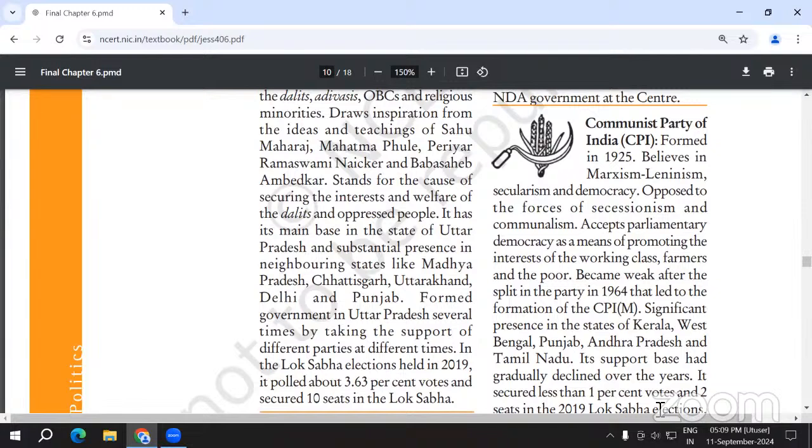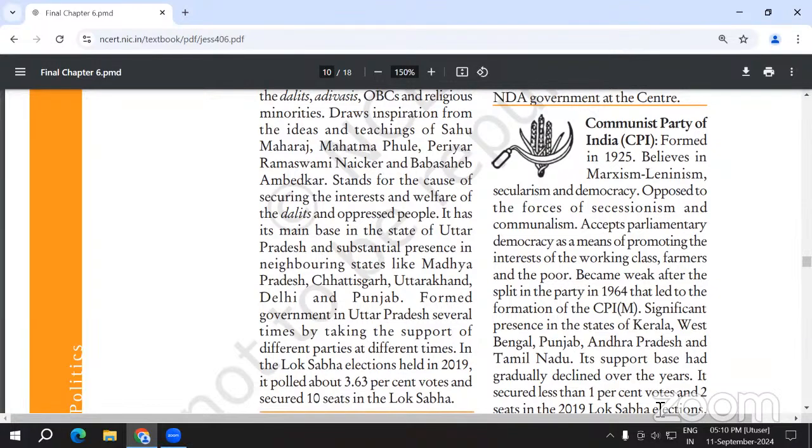Became weak after a split in the party. So 1925 this party was founded, but in 1964 the party was divided into two. And the second party was known as Communist Party of India, Marxist. After that, its support base has reduced.